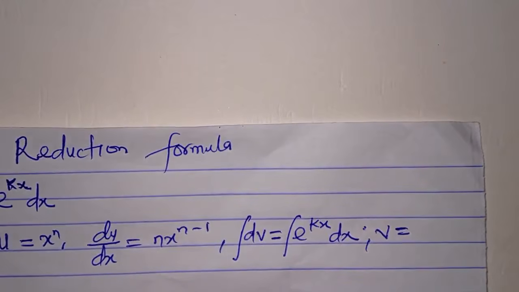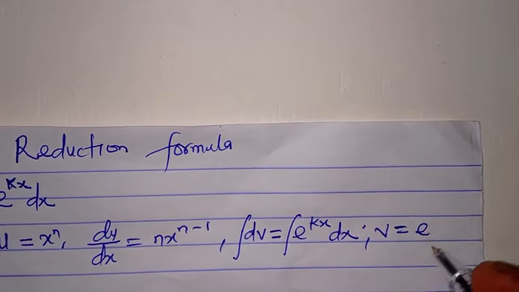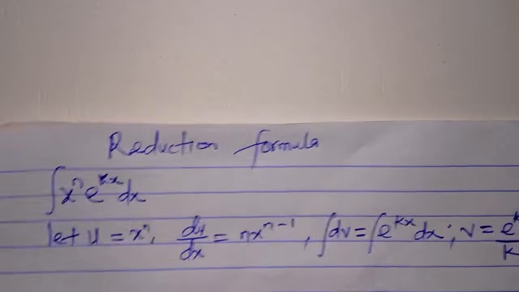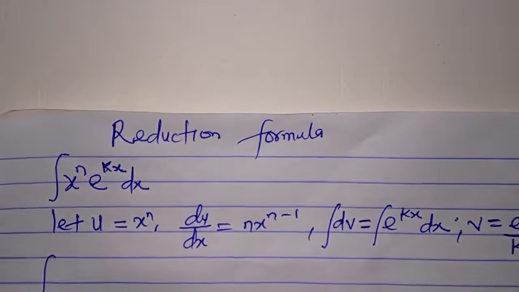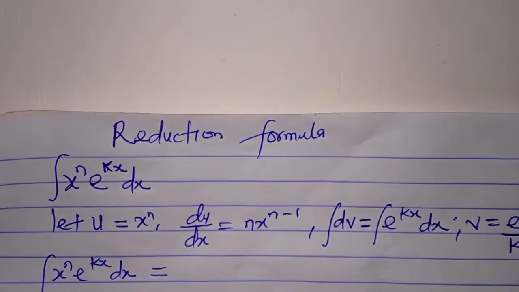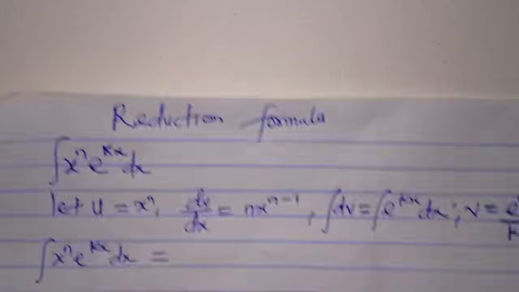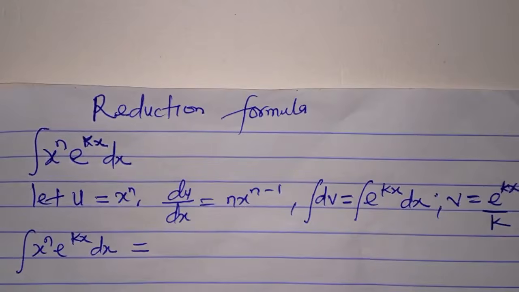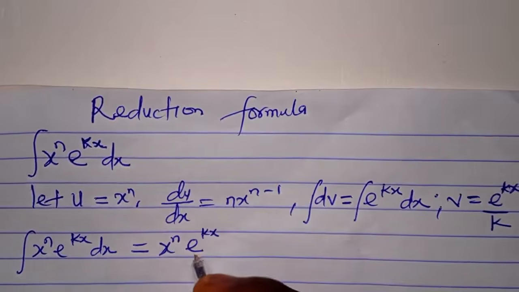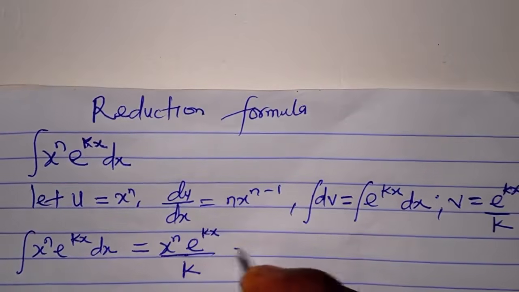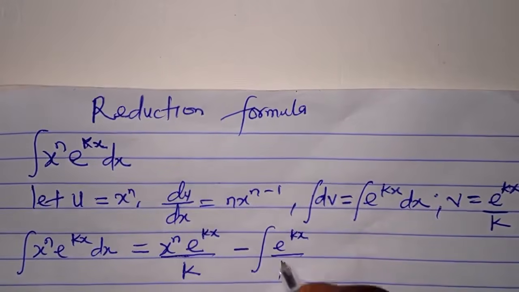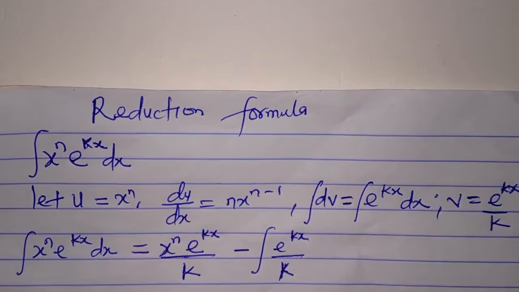The integral of e to the power of kx dx is e to the power of kx all over k. So using the formula, the integral of x to the n e to the power of kx dx is equal to uv minus the integral of v du. u is x to the n, v is e to the power of kx all over k, minus the integral of v, which is e to the power of kx all over k, and du.